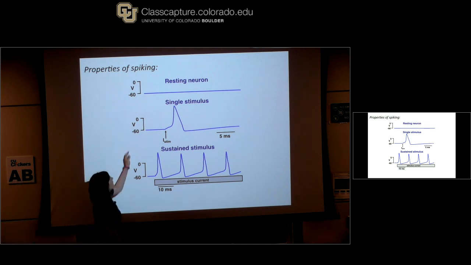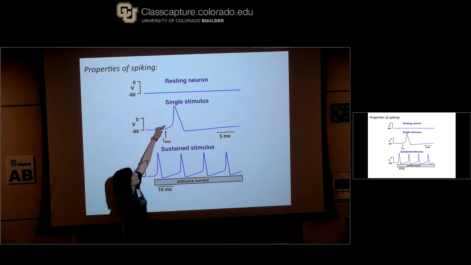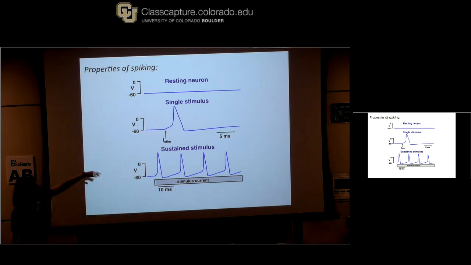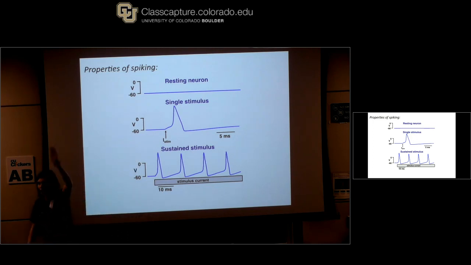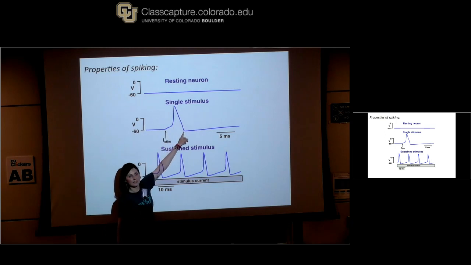And if I give it a single stimulus and it's above threshold, I'll get this really funky, completely different behavior. I can give a sub-threshold signal and I'll just see a relaxation back to baseline, a slightly larger signal, relaxation back to baseline, but bam, when I hit this threshold, I get this spike.